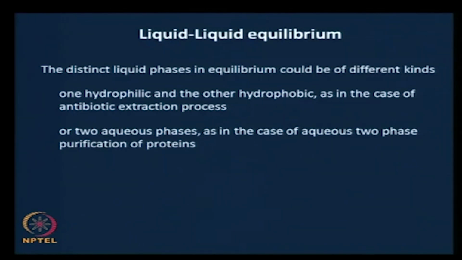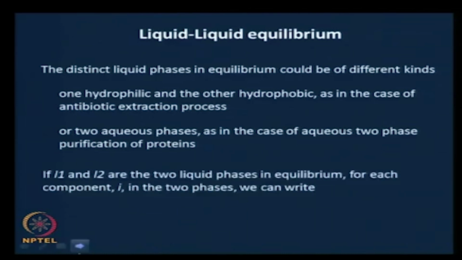What I would like you to do is take about 20 minutes from now, because you need to think about various things. The question is this: if L1 and L2 are the two liquid phases in equilibrium, for each component I in the two phases, develop the expression that can be written. It is as simple as that.